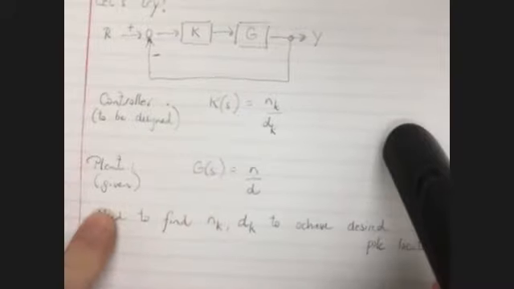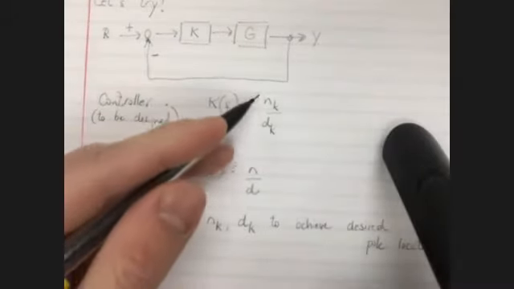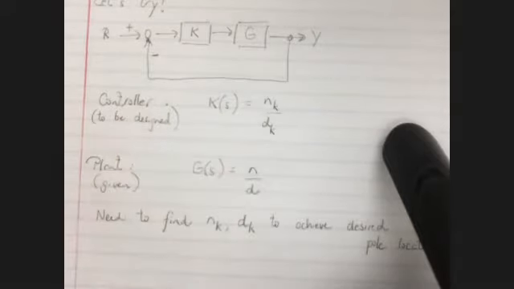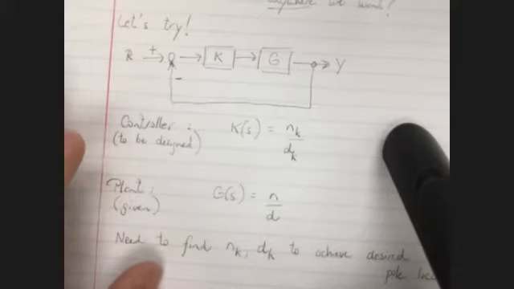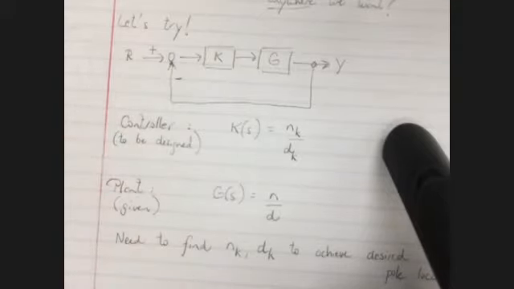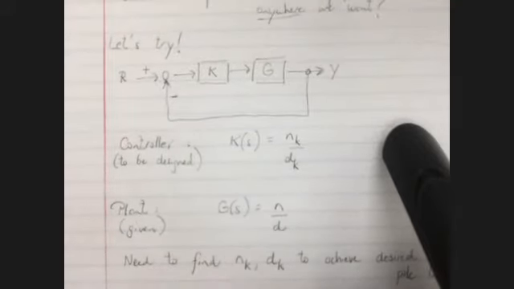So tell me, folks, what do you think would be the first step right here, just to get us going in order to eventually find our NK and DK? Where would we probably start in a situation like this? Yes, I see Scott. Okay, sounds good. Is that what you're going to say, Hunter? Yep. So these guys are saying, well, let's find that closed loop transfer function, and I totally agree. So how about you just take a second to do that on your own?